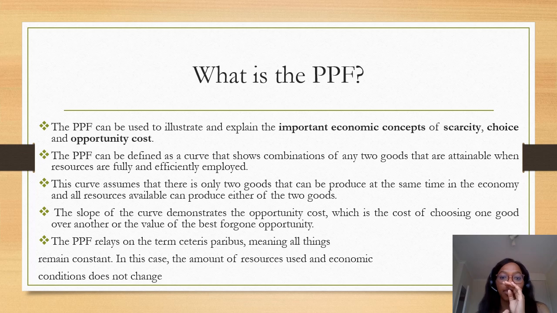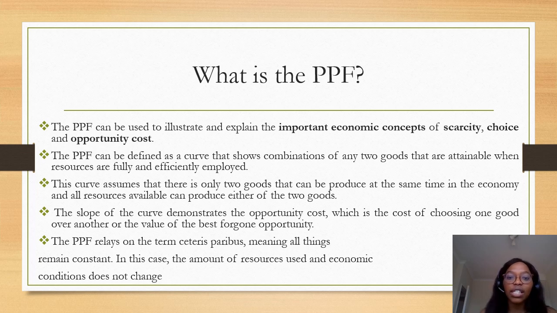They can either devote all of their resources to producing one good, or all of their resources to producing another good. However, we know that it does not work that way, as we need food to eat and we also need clothing. So they need to choose which combination of the two goods they are going to produce.